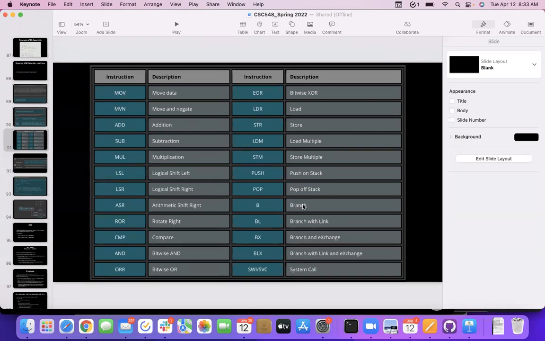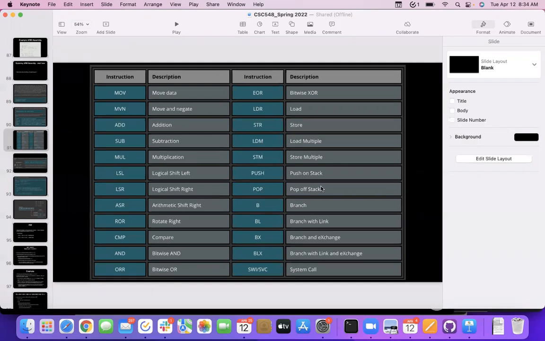Then we get to all these branch instructions. When you see a branch instruction in assembly, typically that is a go to another place in the program. That's what a branch typically does. So a branch is probably going to follow a compare. You might compare a couple of values, and then potentially branch to a different location in the program, depending on what the result of that comparison was. I think we're going to see an example of this in a few minutes, maybe.